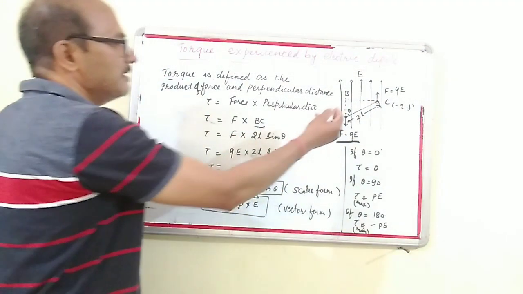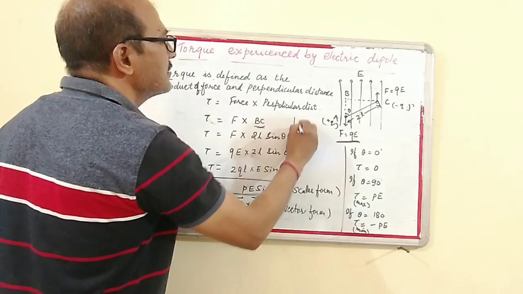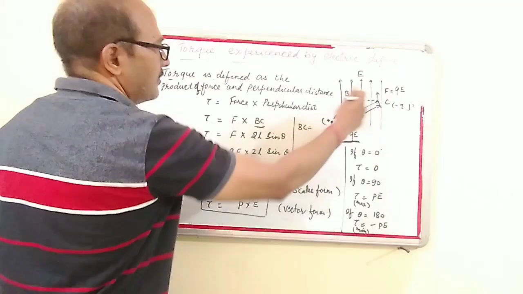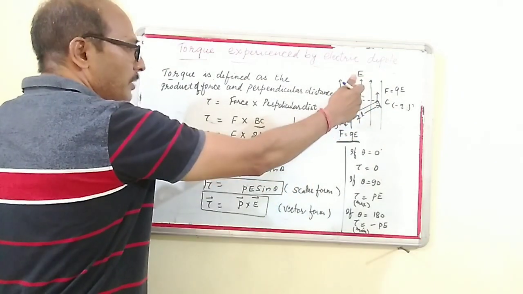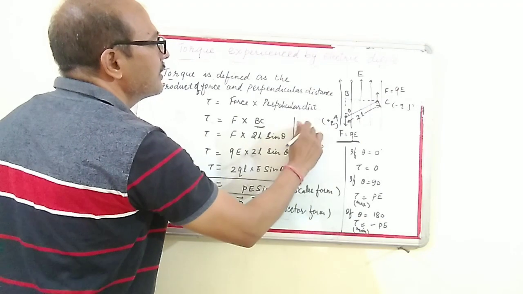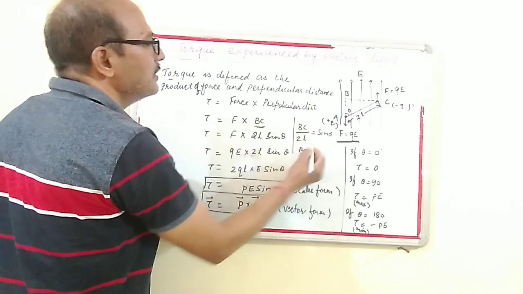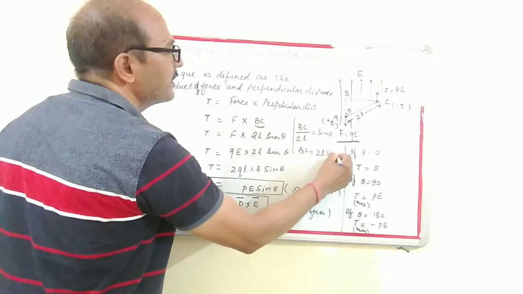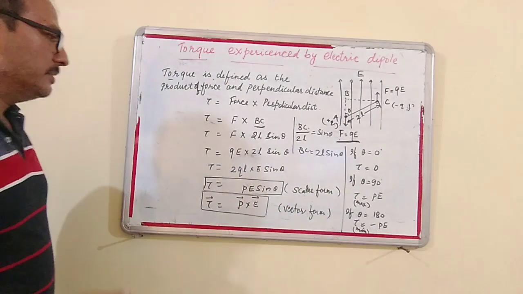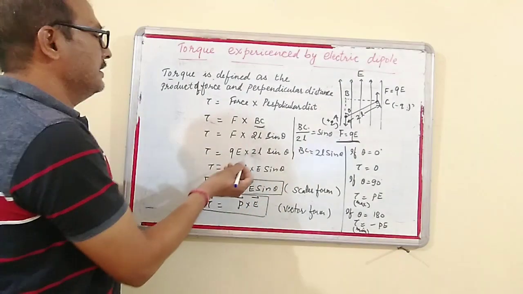By completing this right angle triangle, we find BC. BC is the perpendicular, and the known value is the hypotenuse, 2L. It gives us sine theta. So BC equals 2L sine theta.